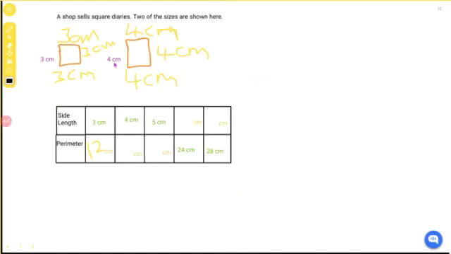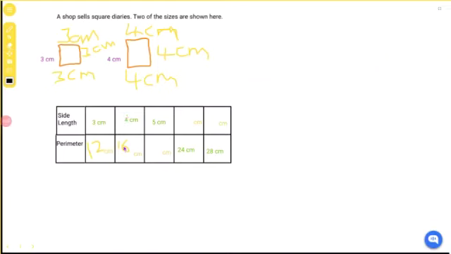So 1 times 4 is 4, well done. 2 times 4 is 8, that's right, well done. 3 times 4 is 12, good. And 4 times 4 is 16, well done.